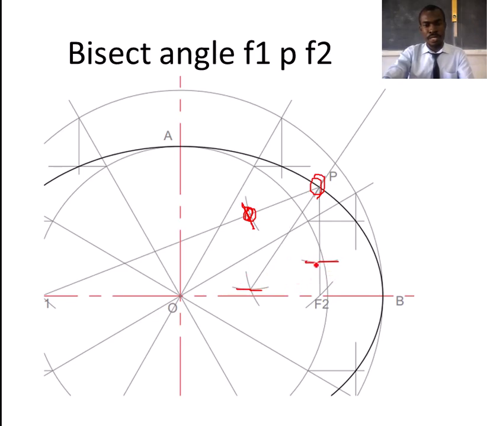Then you stand at this point where you've cut F2, you strike an arc there. Where those two arcs meet, you draw a line from this point here, passing through point P, then you extend it outside the ellipse.